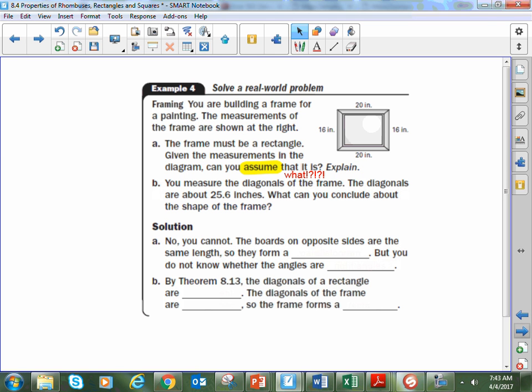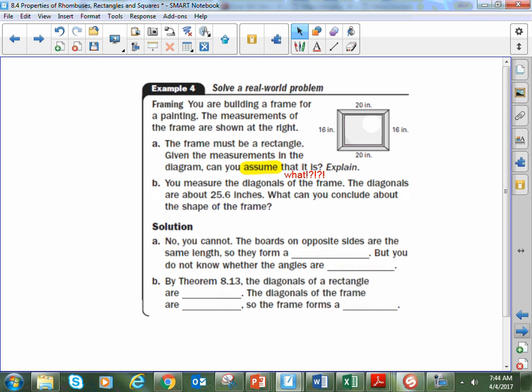So based on what we know, I have a quadrilateral where the opposite sides are congruent to each other. Is that enough for me to justify that what I'm looking at is, in fact, a rectangle? Simply because I have opposite sides that are the same and it looks like a rectangle doesn't tell me enough.